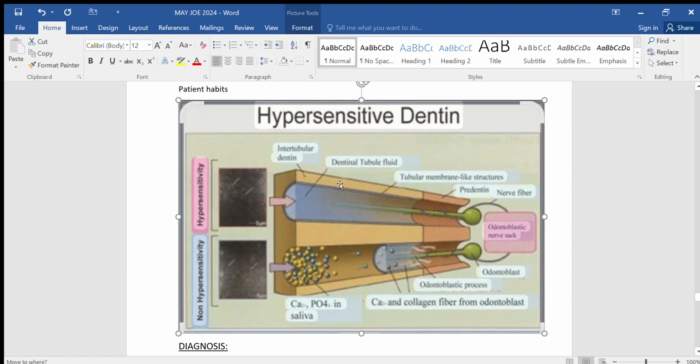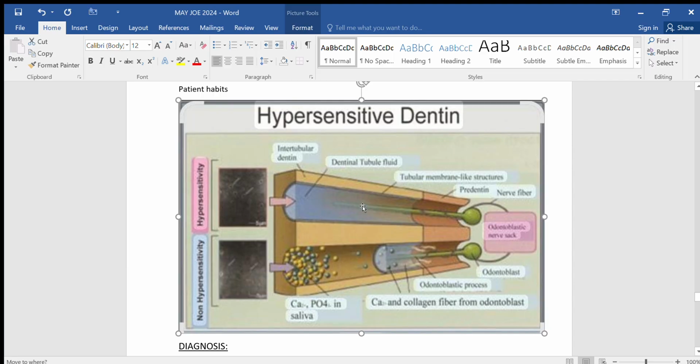Now this is a dentinal tubule, and the bluish color inside indicates the dentinal tubule fluid. Any stimuli that increase the movement of this dentinal fluid cause fluid movements in exposed dentinal tubules.